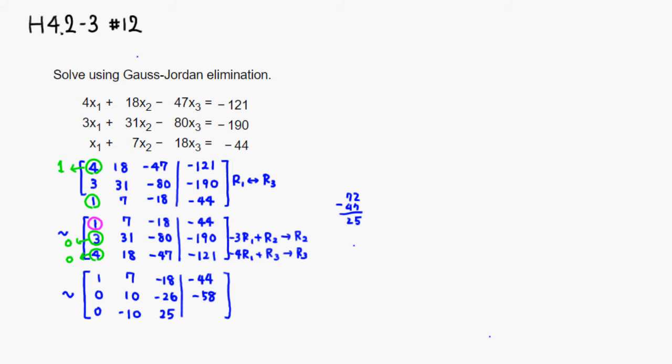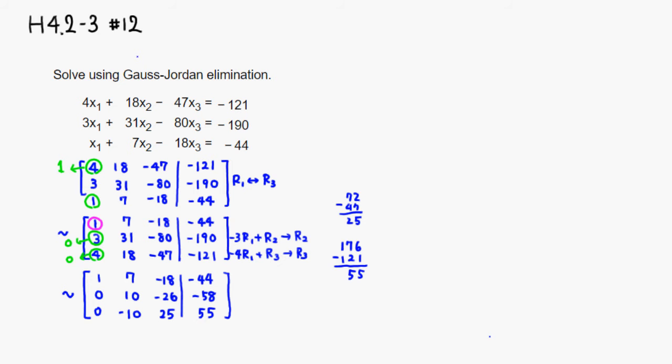So 4 times 4 is 16, and 4 times 4 is 16, so 176. And then you have to add it to negative 121. So this is going to be 1 here, 5 here, 55. So we have 55 here.